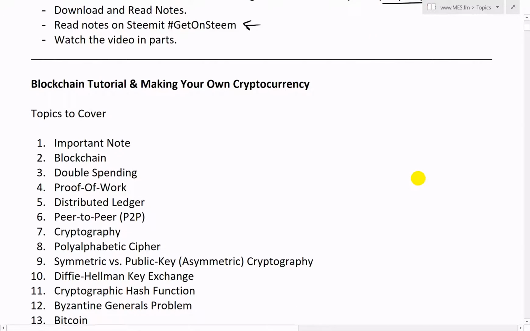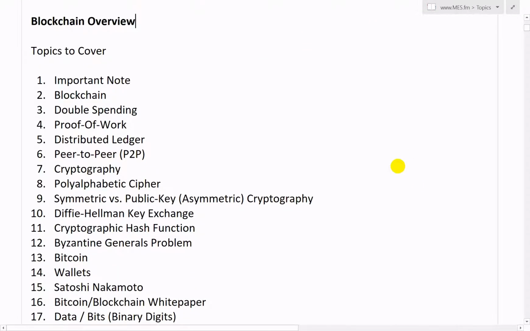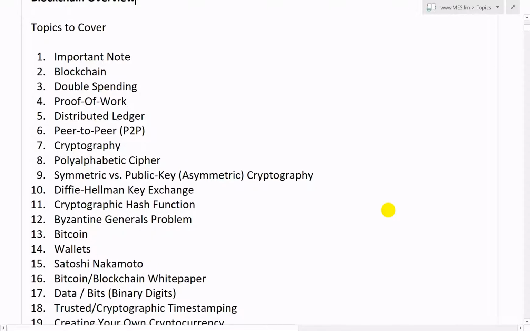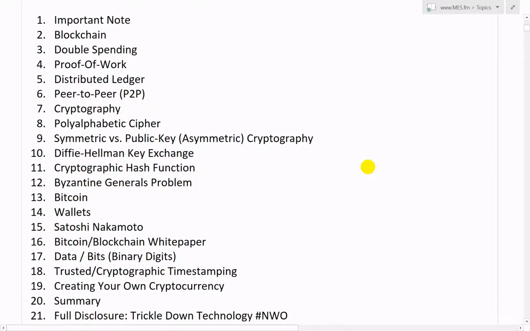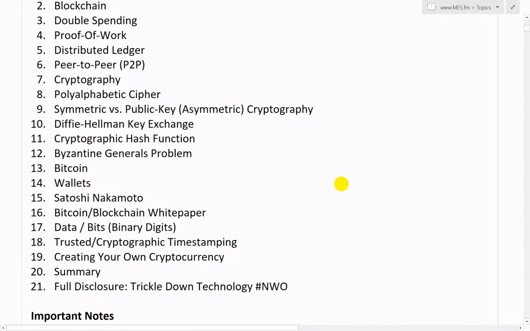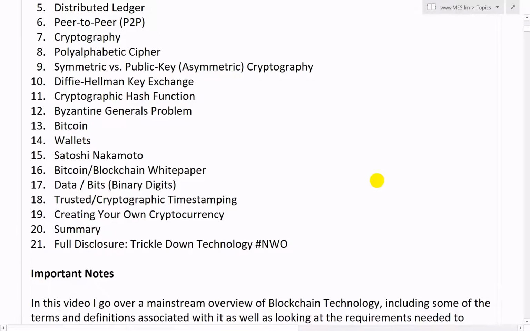So let's look at this further. So yeah, let's look at a blockchain overview. I just changed the title from the earlier one. And now look at topics to cover right here. So I have an important note first, and then look at the blockchain, double spending, proof of work, distributed ledger, peer-to-peer or P2P systems, cryptography, and also look briefly at the Polyalphabetic Cipher, which is an antique form of cryptography.